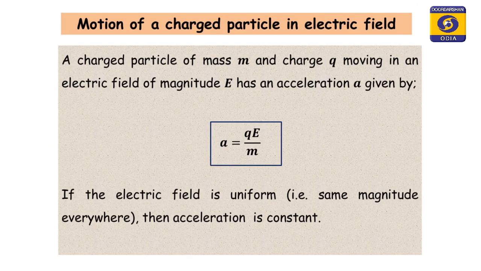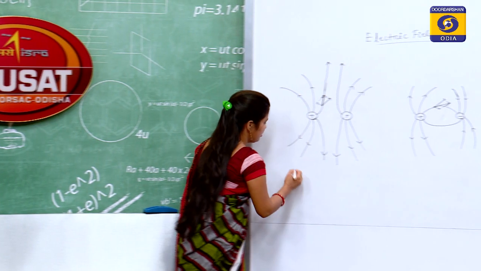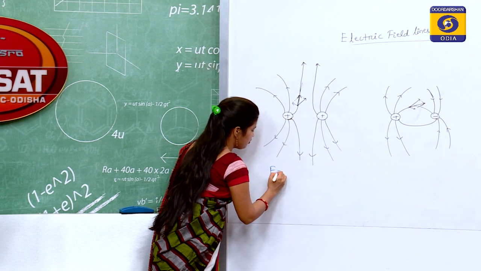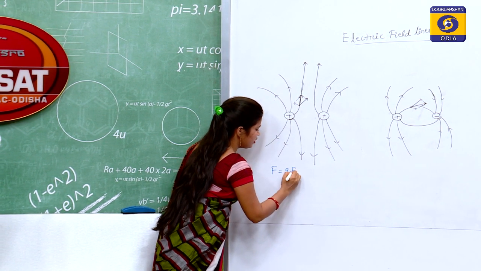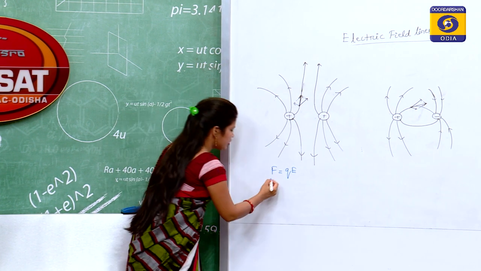Next, we will study the motion of a charged particle in an electric field. Students, do you know, when a charged particle of mass m and charge q is moving in an electric field of magnitude E, it has an acceleration a. We know that force is equal to q into E. And what is force in mechanics?